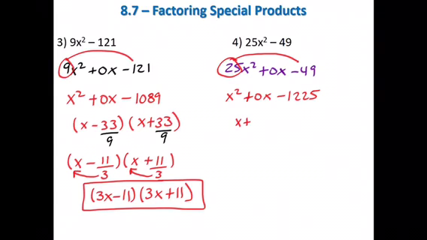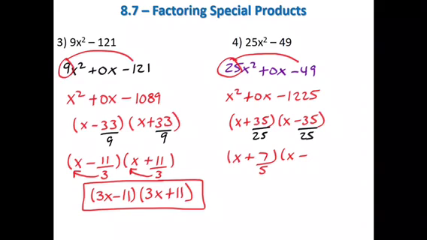So we've got x plus 35 and x minus 35. Now we want to divide by the leading coefficient here, which would have been 25. And because 25 doesn't go evenly into 35, we simplify both fractions. So we've got x plus 7 over 5, and here we've got x minus 7 over 5.